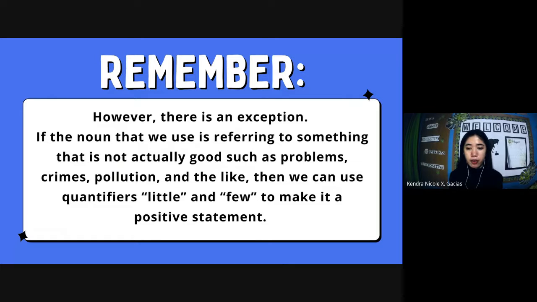Just remember that we need to use them with negative nouns. So therefore, we need to be cautious about the noun that little or few is modifying. Are we clear on that, class?